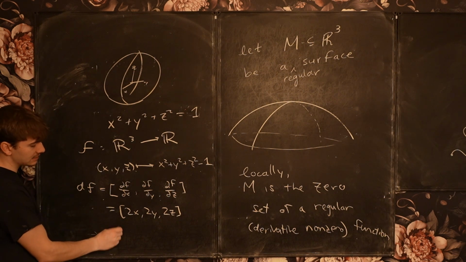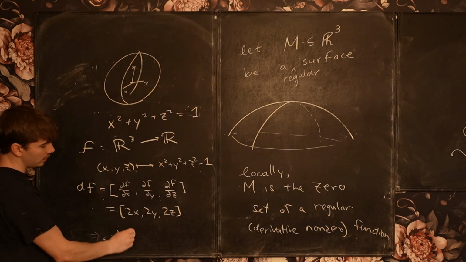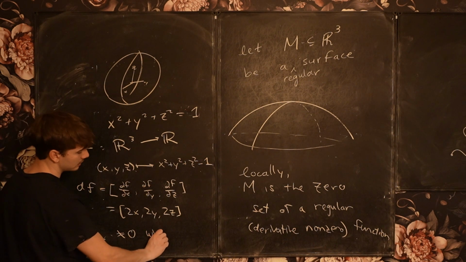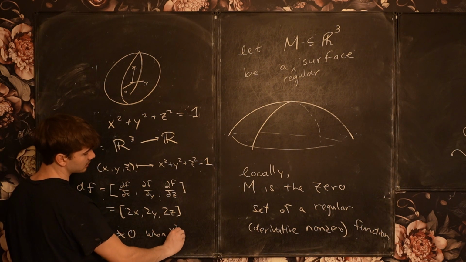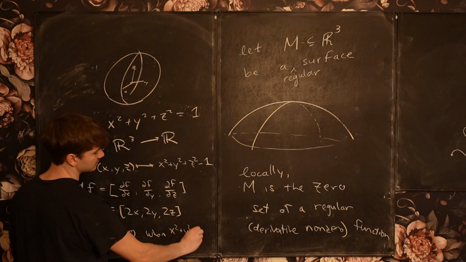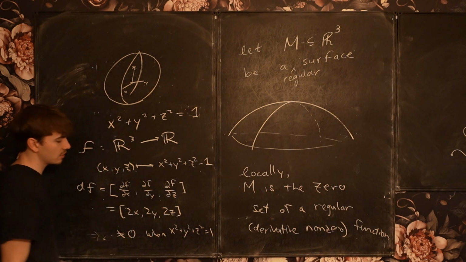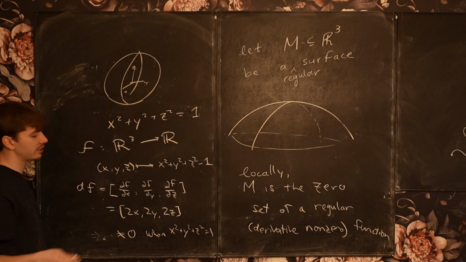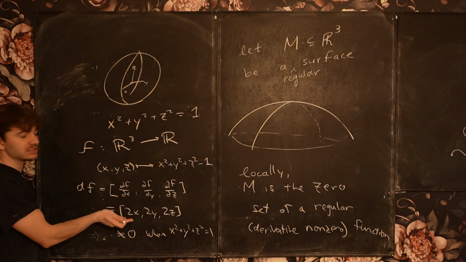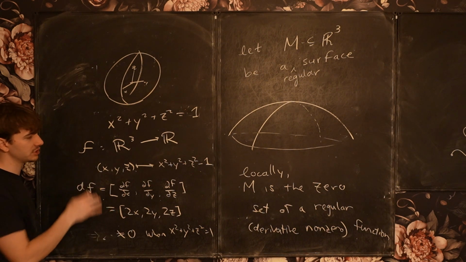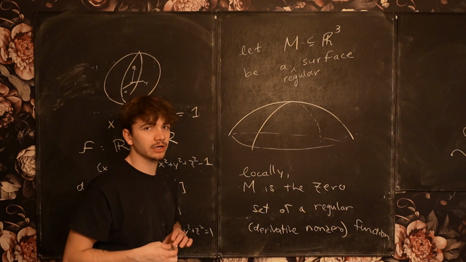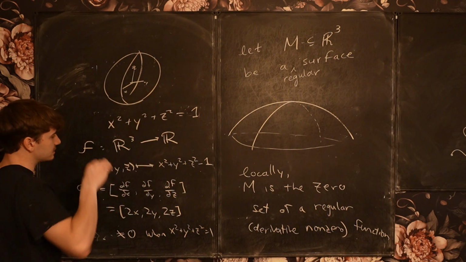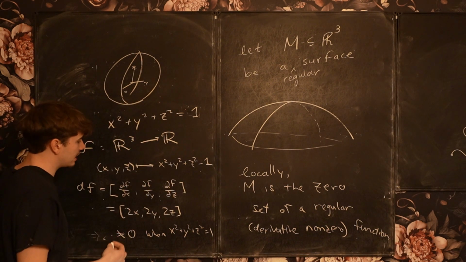And notice that this is non-zero when x squared plus y squared plus z squared is equal to 1, okay? So on the surface of the sphere of radius 1, this derivative is non-vanishing, so we call this function regular, okay?